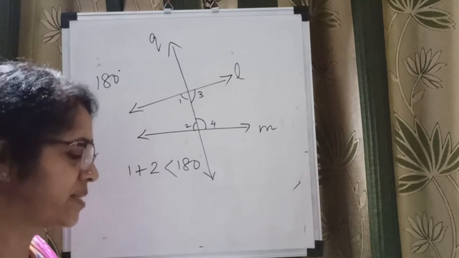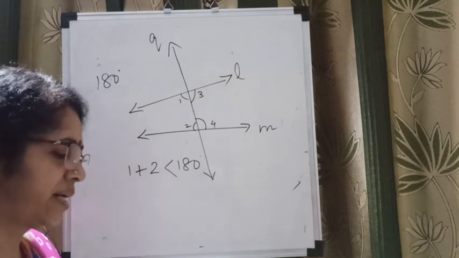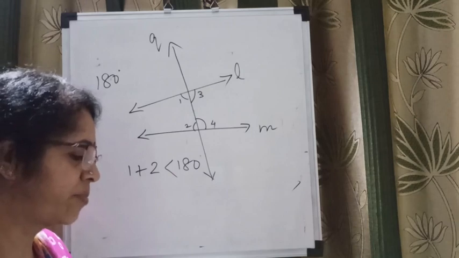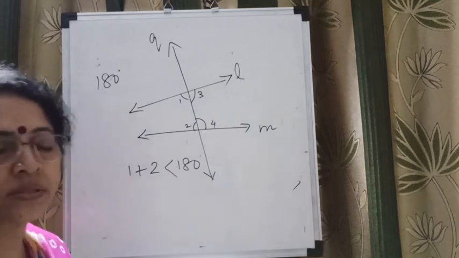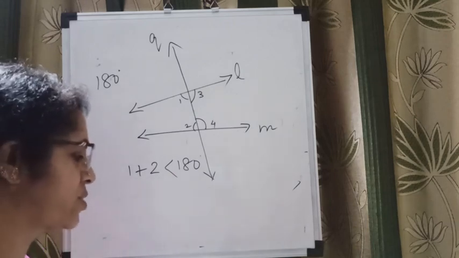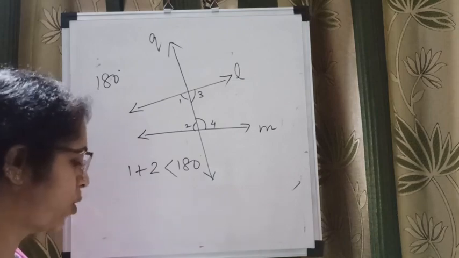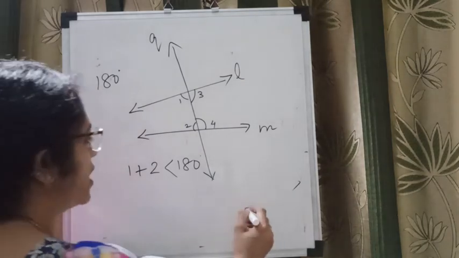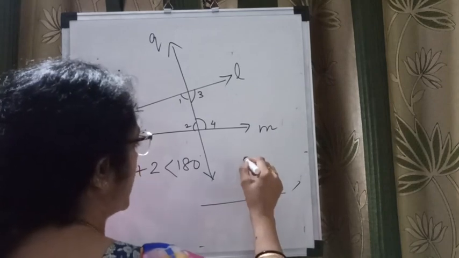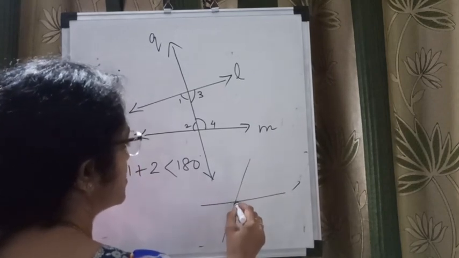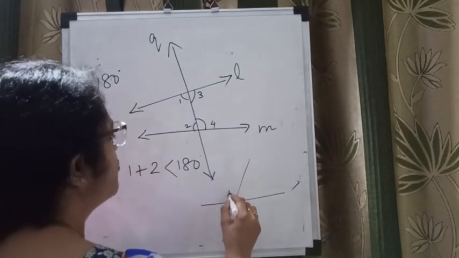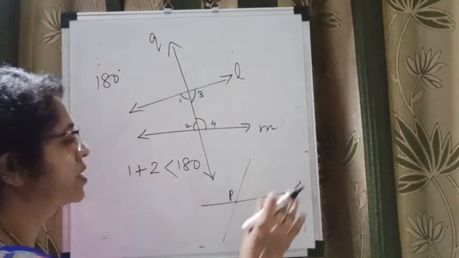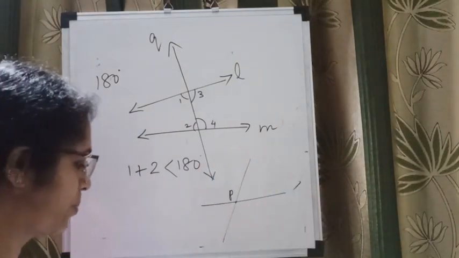Now this theorem says two distinct lines cannot have more than one point in common. Which means if I have two lines anywhere and I make them intersect, they can intersect at only one point. They can never intersect at more than one point.